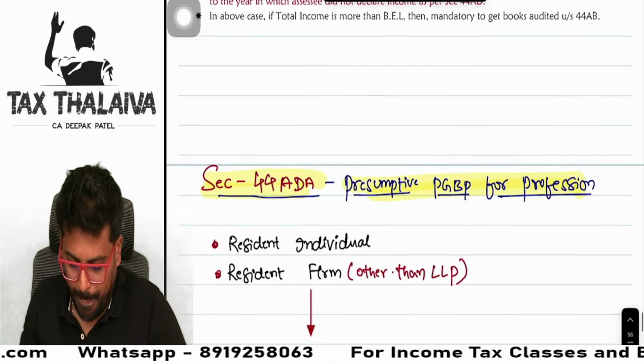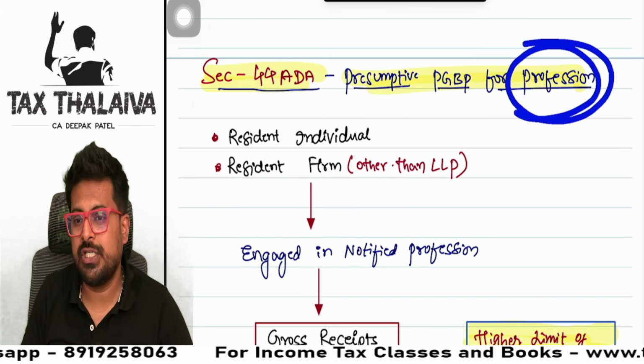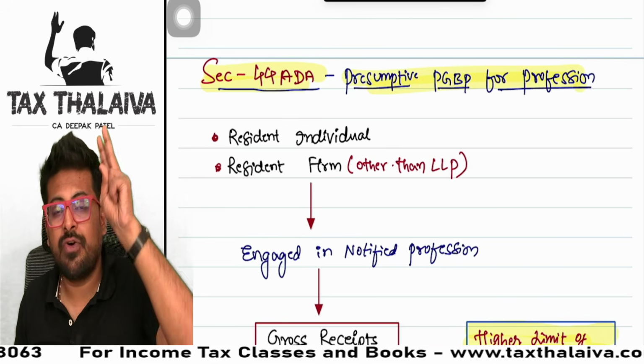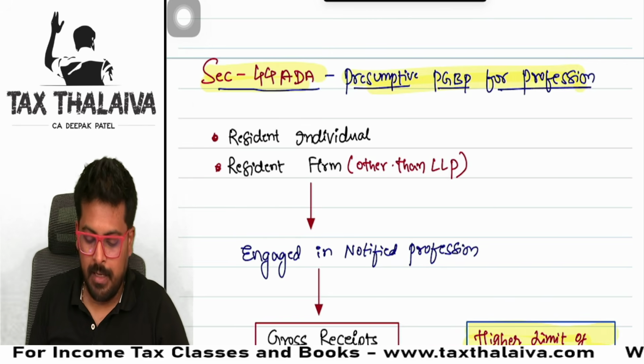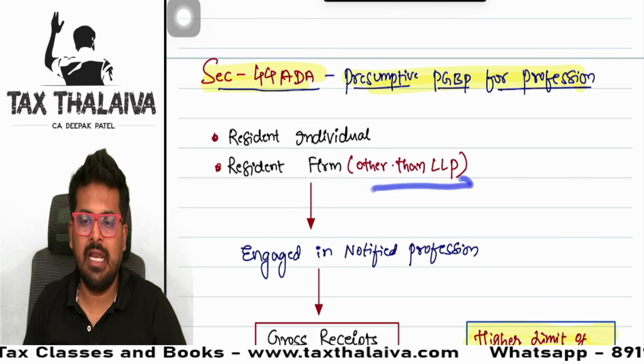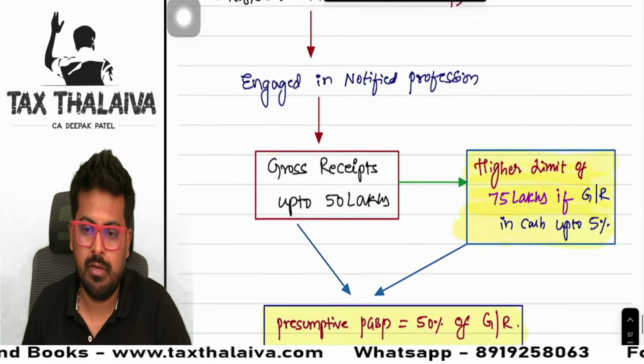Got it? Next. 44ADA, presumptive PGBP for professions. 44AD is for business, ADA is for professionals. This is applicable in case of resident individuals and firms other than LLPs. HUF is not covered here because HUF can never have a profession.